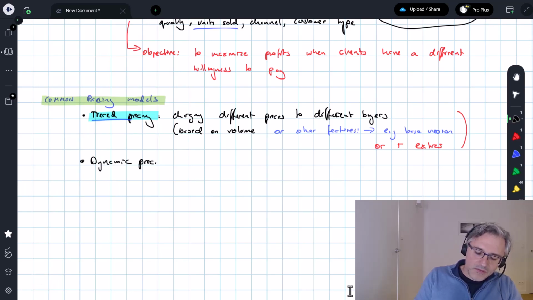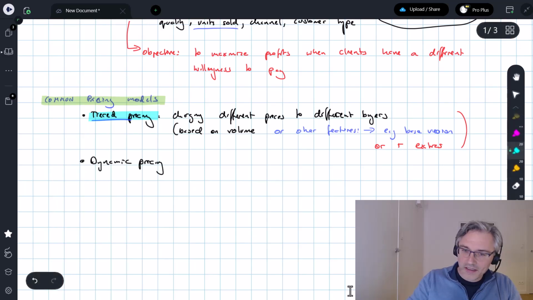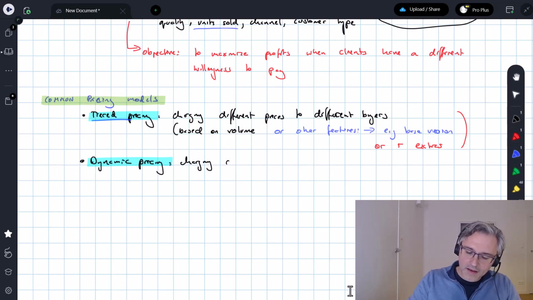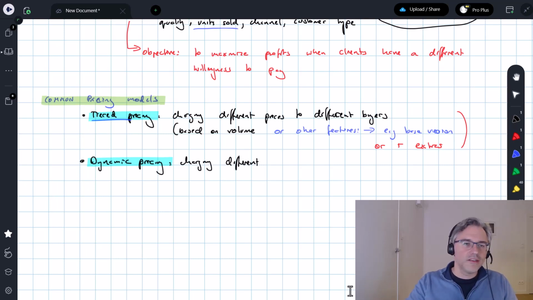Another one would be dynamic pricing. This is a little bit more complicated because dynamic pricing is typically associated with charging different prices, again, but the prices change depending on time. Different prices at different times.